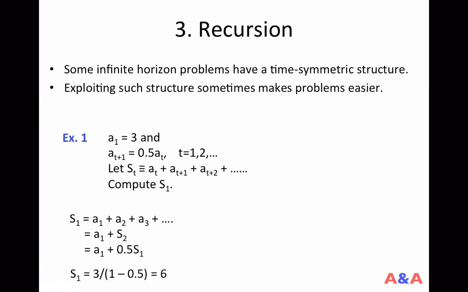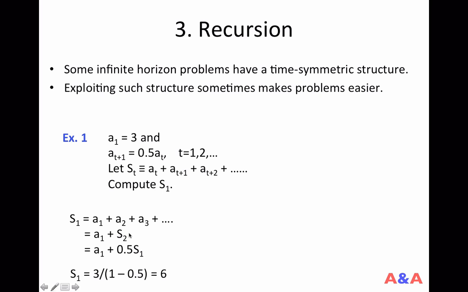Well, a common approach is as follows. By definition, S1 is equal to A1 plus A2 plus A3 plus dot dot dot. And by definition of S, the part from the second term on is denoted as S2, but S2 is just half the size of S1.